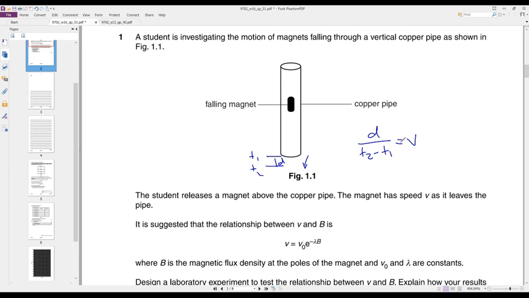So, motion sensor, or mass measurer, or just something generic that will detect things rather than trying to go for specifics. Because what they're really after here is for you planning out an experiment logically and measuring the right things in the right ways, rather than you knowing specific pieces of equipment. Does that make sense? Yeah.